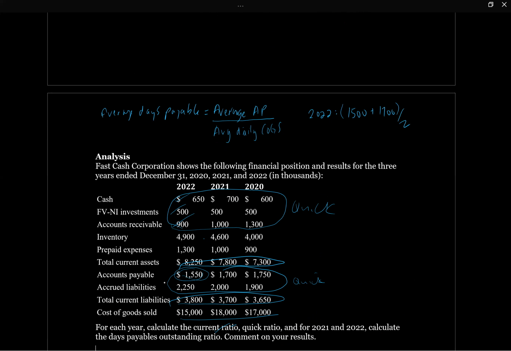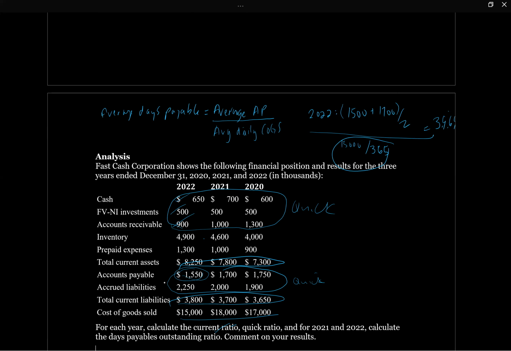And then over that, we're going to average our daily cost of goods sold. All we know is cost of goods sold for the whole year was 15,000, but we're going to divide that now by 365. If you do these calculations separately, you'll come out with 39.64 there.